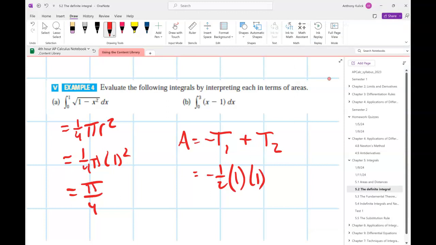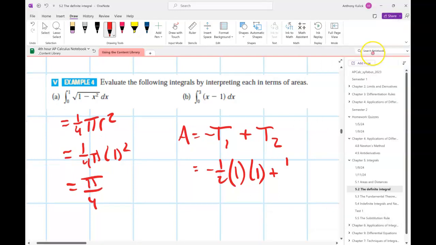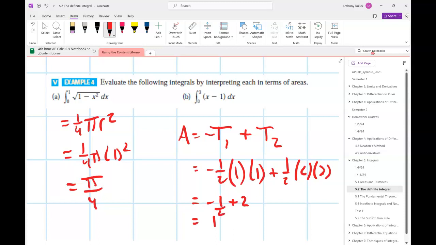We're taking care of the negative already. I wrote it out front already, so you don't have to worry about it there. And if I look at the second triangle, the base is and the height is, okay? And we're done, right? Oops, that should be 1/2. Everybody happy there?